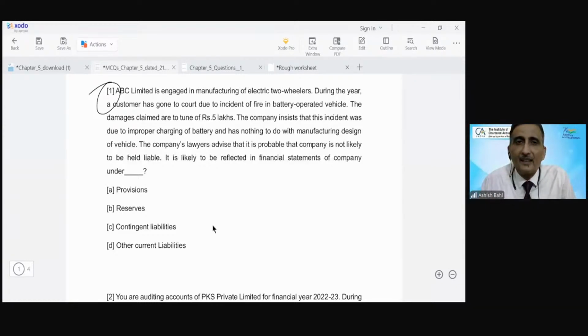Yes, guys, answer to question number 1. You are able to see the MCQs? Yes, guys. Two responses have come, Anjali and Ankit Mishra. Students, read the question carefully. Again, do not answer in a hurry, please.